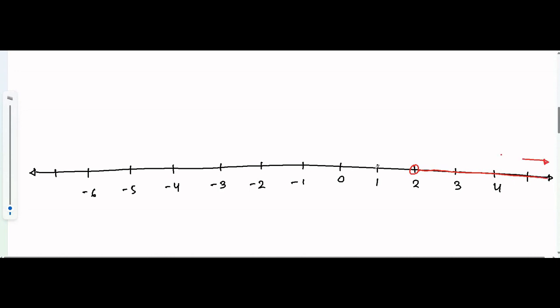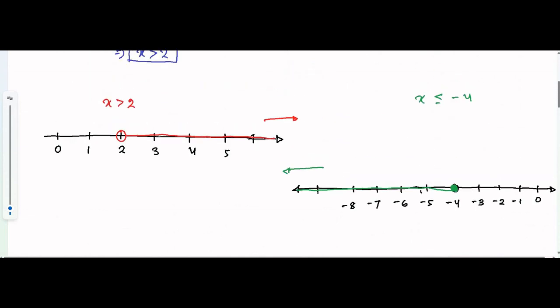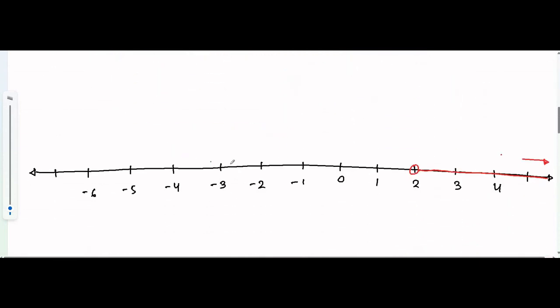And then for x lesser than or equal to minus 4, minus 4 is included in the solution, so a darkened circle and a solid line which goes to the left of this. So here it is to the right of this, here to the left of minus 4, and it goes on.